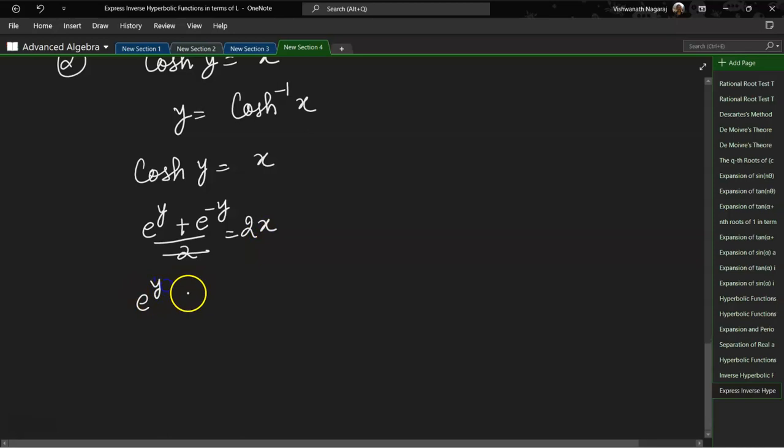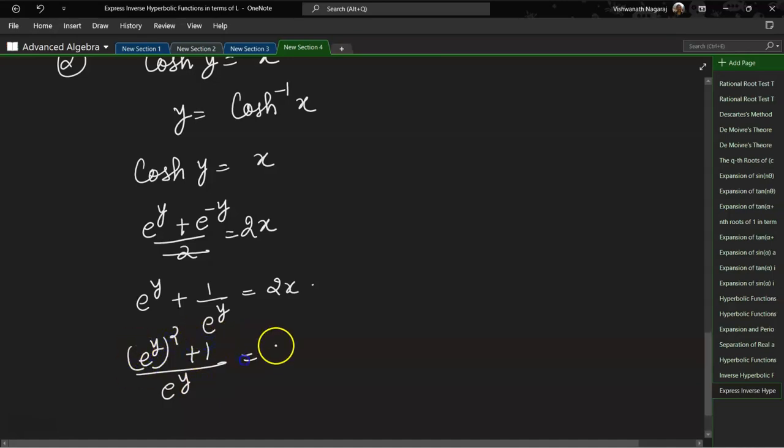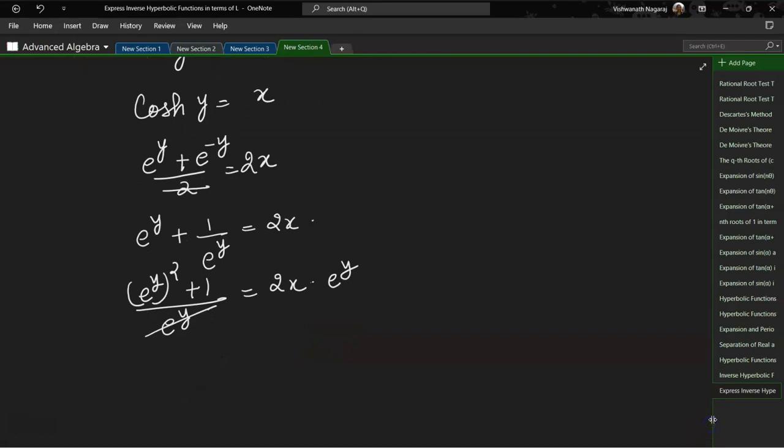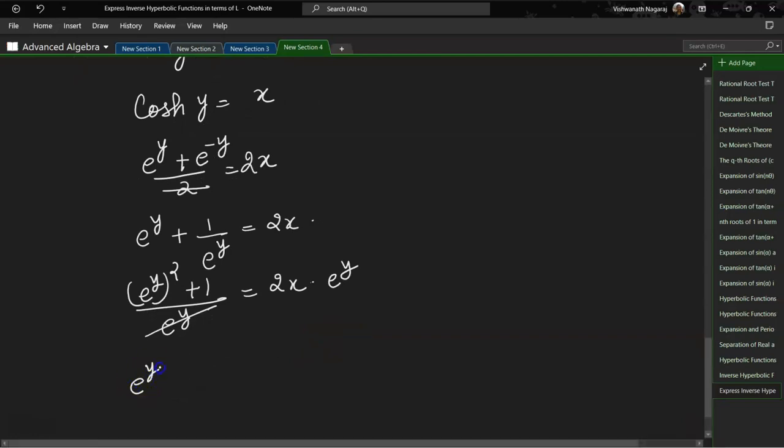Now e to the power of y plus e to the power of minus y, we will write it as e to the power of y plus 1 by e to the power of y is equal to 2x. Now let's take the LCM. This becomes (e to the power of y) square plus 1 equal to 2x times e to the power of y. And again this e to the power of y we can take it to the other side. And if we bring it to this side, we get a quadratic in e to the power of y.